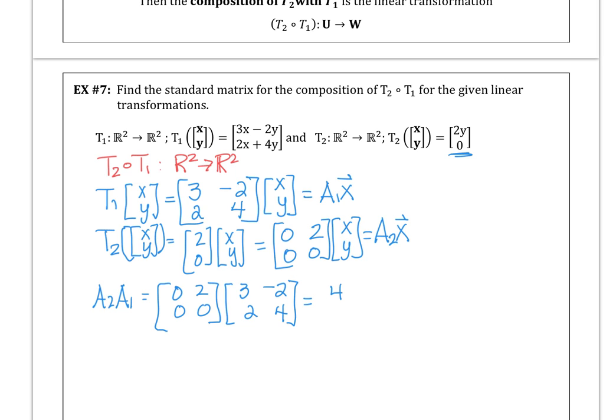Second row, first column: 0 times 3 and 0 times 2 is 0. First row, second column: 0 times -2 and 2 times 4 is 8. And then second row, second column: 0 times -2 and 0 times 4 is 0. This is our standard matrix here. That's what they're asking us to find, the standard matrix.